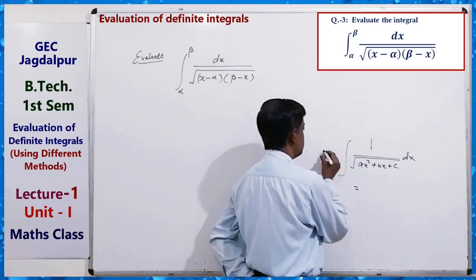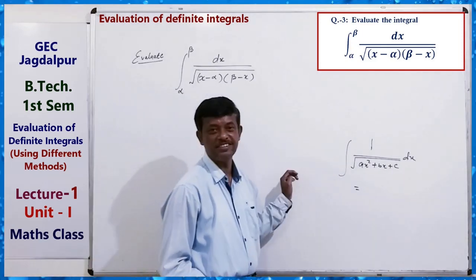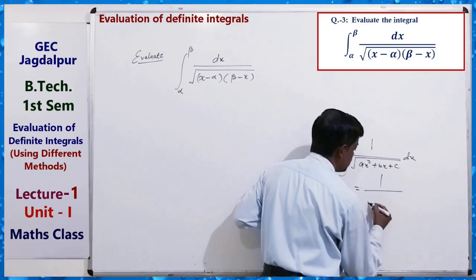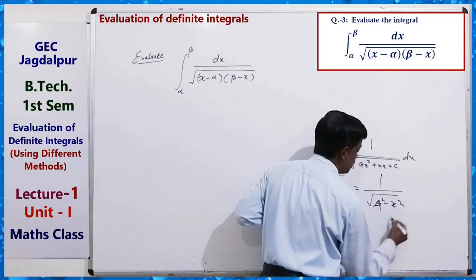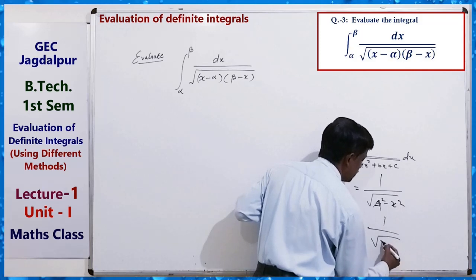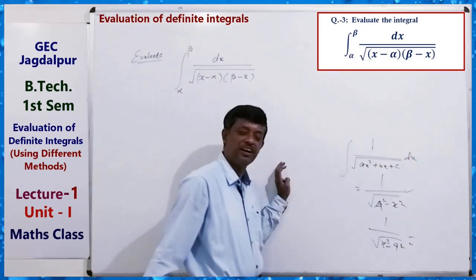Just write the integral as 1 upon root over either a square minus x square or 1 upon root of x square minus a square. We have a formula.